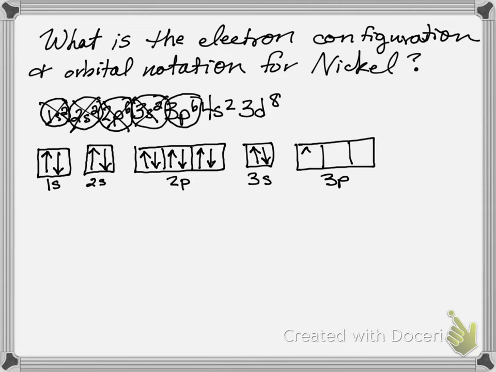And it's full, so we're going to get our 6 electrons in there. All spin up and spin down. Done. Next comes your 4s. An s orbital only gets one box. Spin up, spin down. Done.